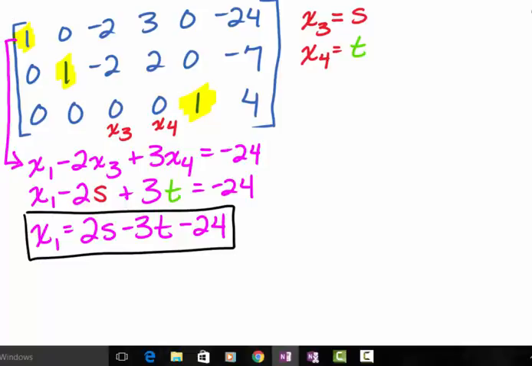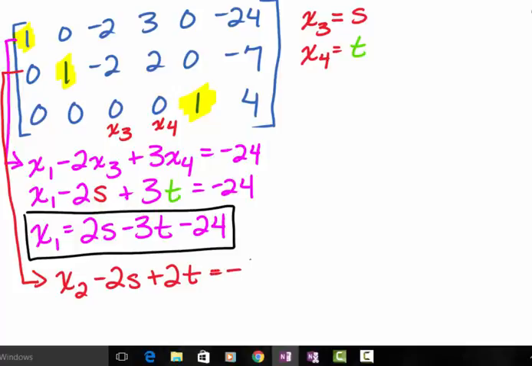Well, now let's play the same game for the second row. The second row represents an equation, and it represents this equation right here. Zero x sub 1, right? And then x sub 2 minus 2 x sub 3, but I know what x sub 3 is, it's an S, plus 2x sub 4, which is T, equals negative 7.